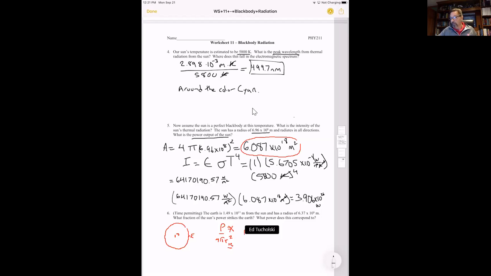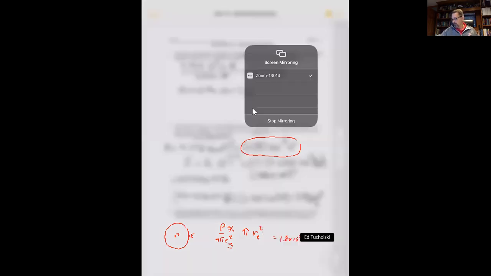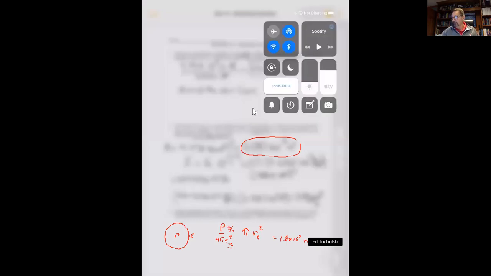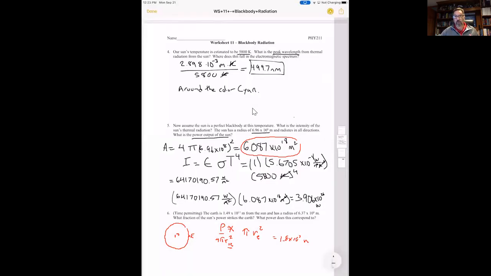Then if I multiply by pi times the radius of the Earth squared, which is the little disk we present in that sphere, we get about 1.8 times 10 to the 17th watts at the Earth. So that's where the number for the third problem goes. And I think that's Max and Saeed, so if you guys want to start sharing yours.